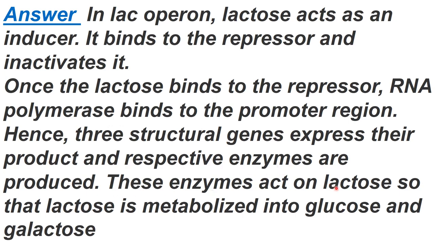These enzymes act on lactose so that lactose is metabolized into glucose and galactose. So these enzymes are responsible for the breakdown of lactose. You can say E. coli will consume the lactose with the help of these enzymes.